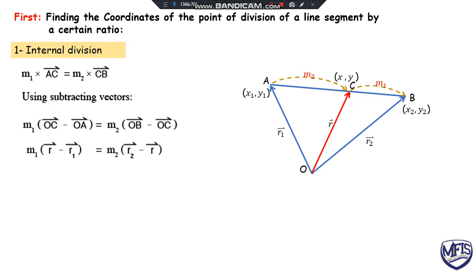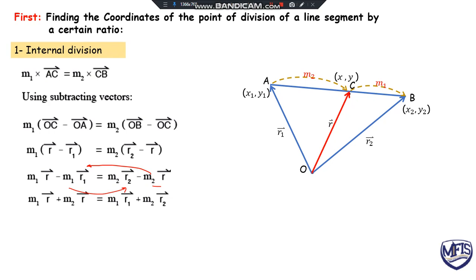So we can expand these brackets: M1 times vector R minus M1 times vector R1, equals M2 times R2 minus M2 times R. So we can take M1R with M2R, and M1R1 with M2R2.